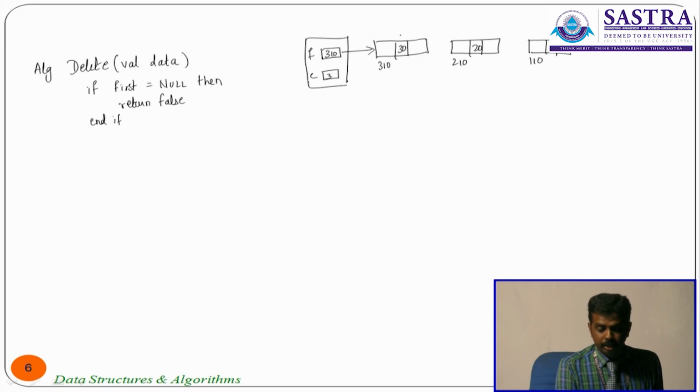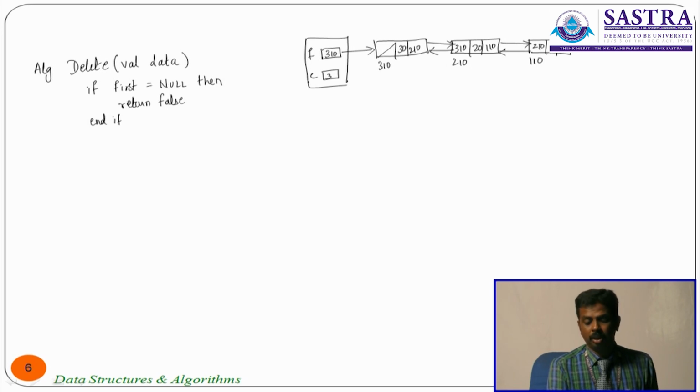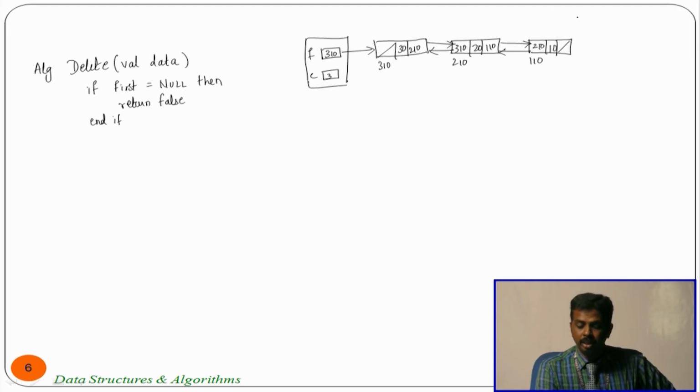This one contains null, and this is the next and this is the previous, that is for 210, and then this contains 310, and here 110, and this contains 210. And this is the null. Suppose we are calling m dot delete of 20.